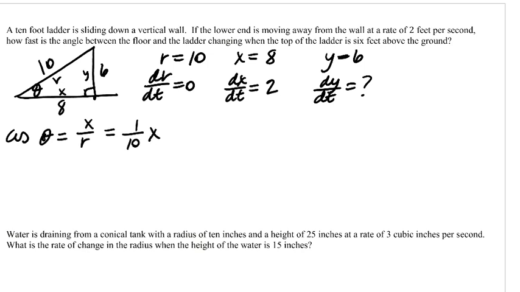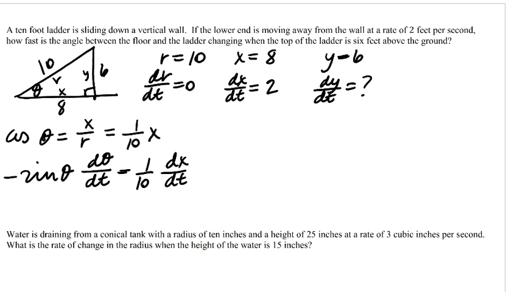Now x is changing, right, because the ladder is sliding. So the distance is getting bigger. Meaning negative sine theta d theta dt is equal to 1/10 of dx dt. And meaning that d theta dt is going to be negative 1/10 of dx dt multiplied by cosecant theta.